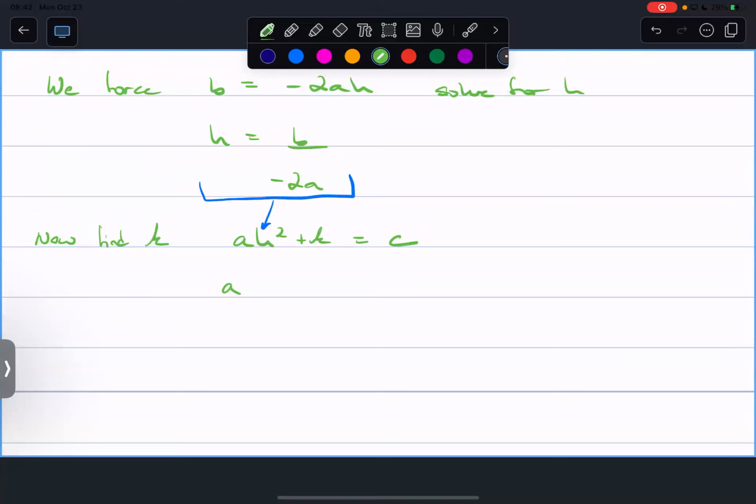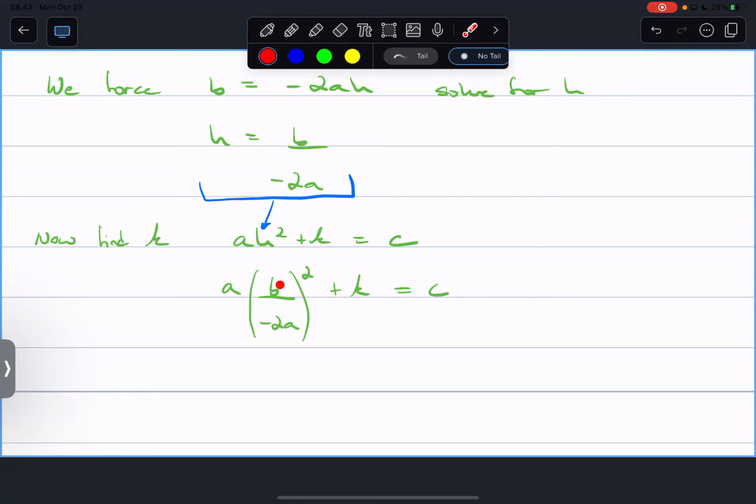So if we have A times B over negative 2A squared plus K is equal to C, I can expand that square in because I'm just multiplying and dividing inside the bracket, so I'm allowed to do that.